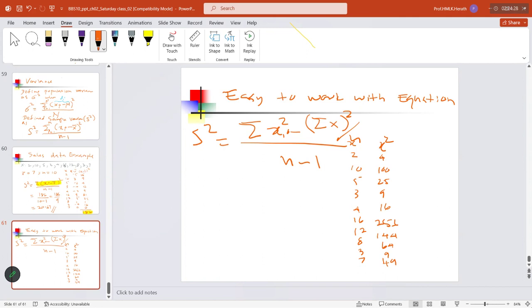So now we need to get the summations. If you sum the data, they add to 70.